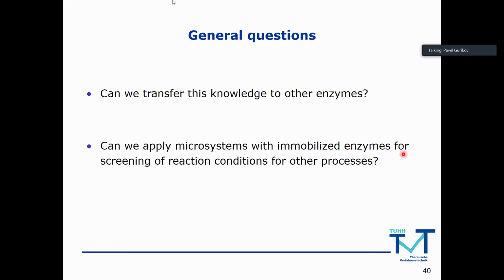And the honest answer is often not really, because another enzyme may have a very different stability region. It maybe cannot be packed in the gel that's used for your glucosidase enzyme. It may have very bad stability against alcohol, for example. So the gelation protocol has to be changed.